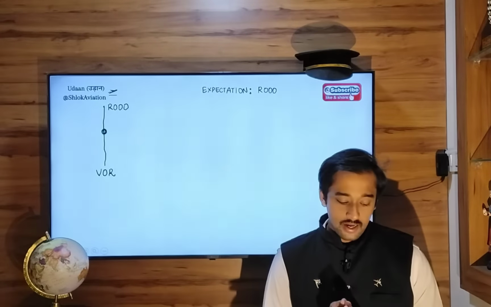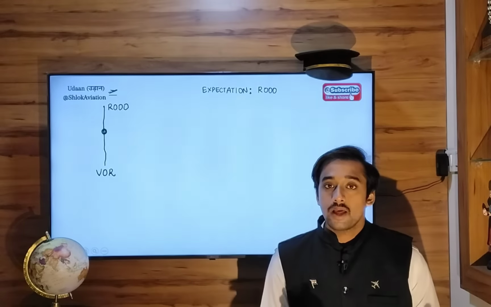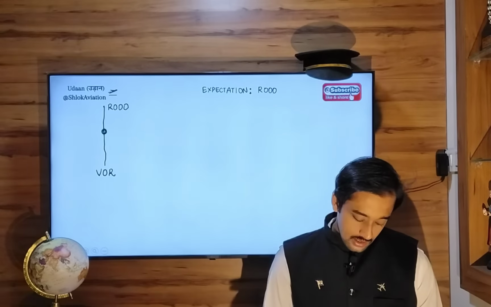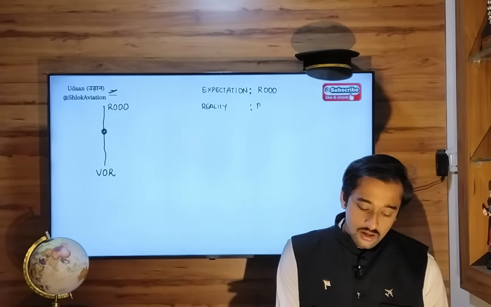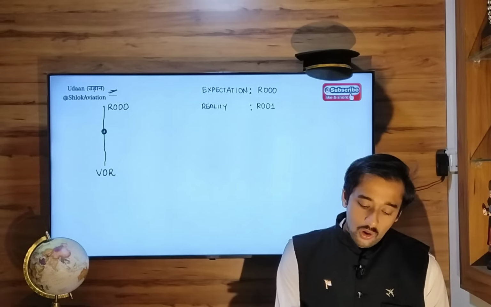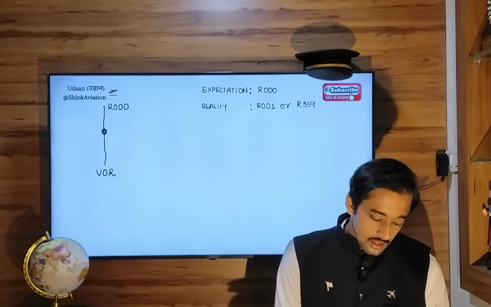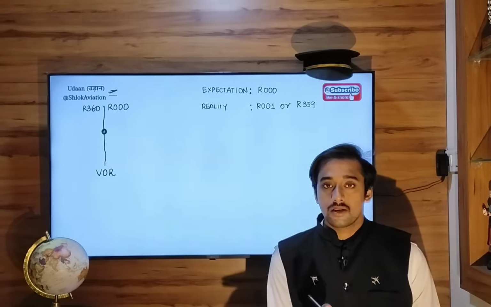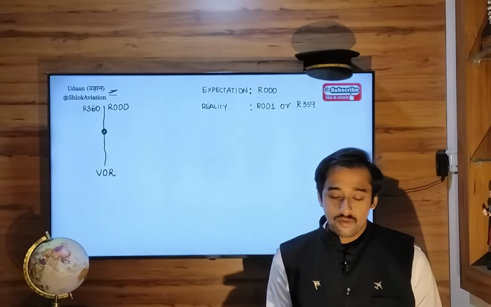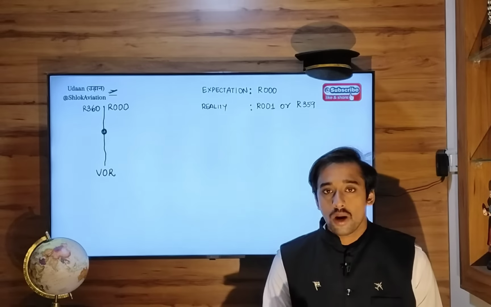So even though your aircraft is on radial 000, the VOR can tell you that you are situated on radial 001, or radial 359, which is 360 minus 1. So this is the accuracy range, plus or minus 1 degree.